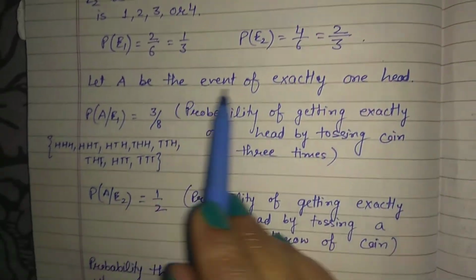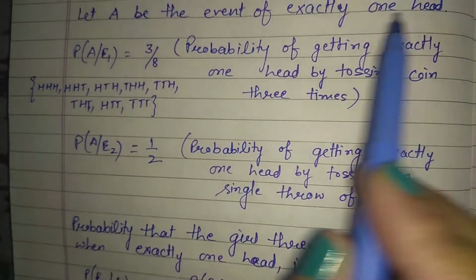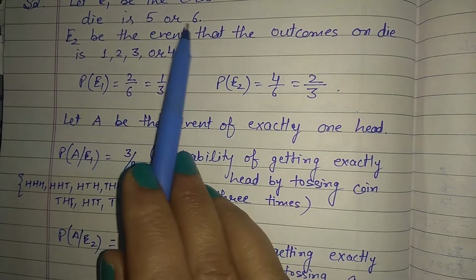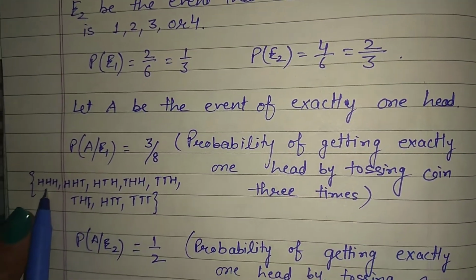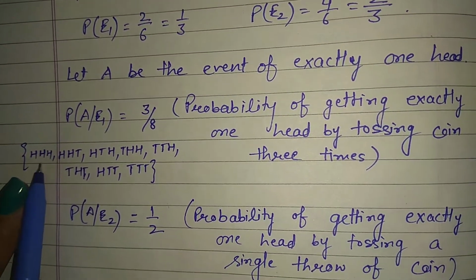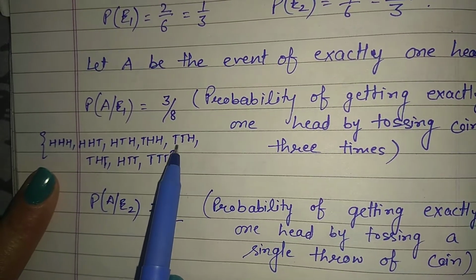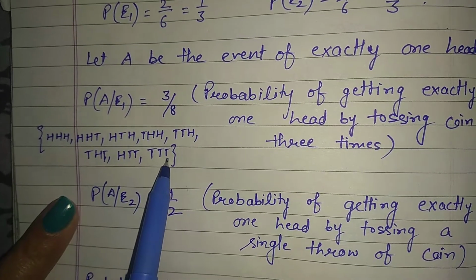Let A be the event of exactly one head. If 5 or 6 comes, then she tosses the coin 3 times. The sample space is HHH, HHT, HTH, THH, TTH, THT, HTT and TTT.